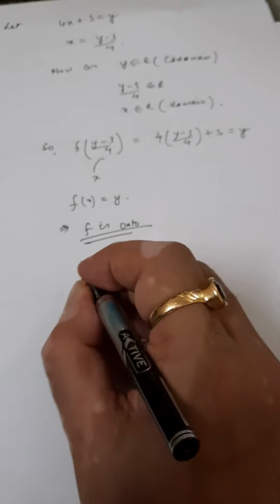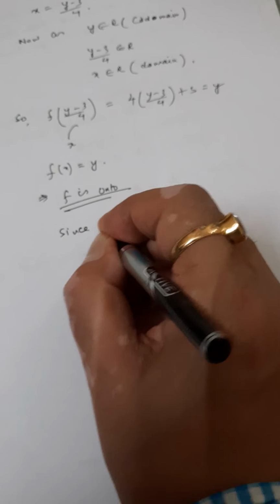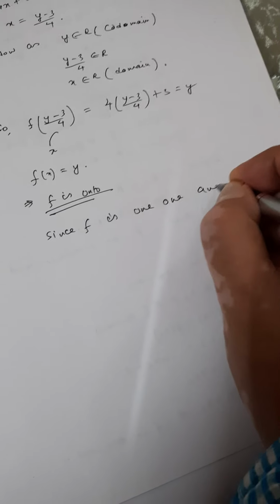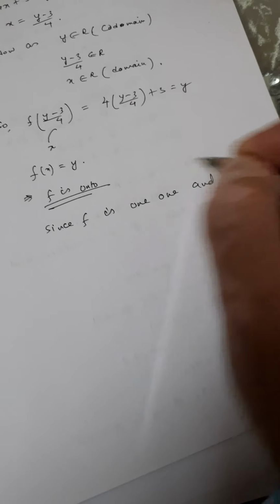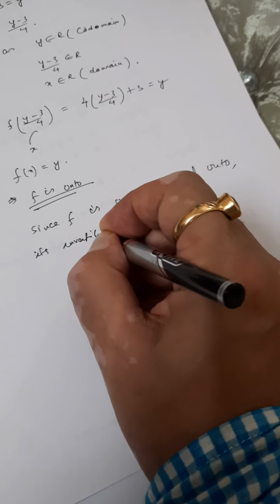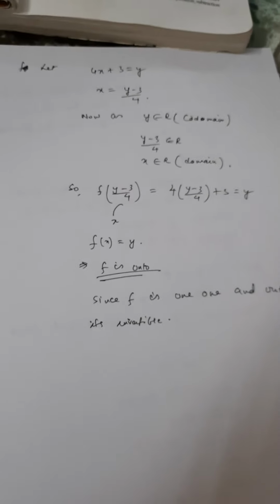Now since f is 1-1 and onto, it's invertible. After showing that it is 1-1 and onto, you can write the inverse directly.